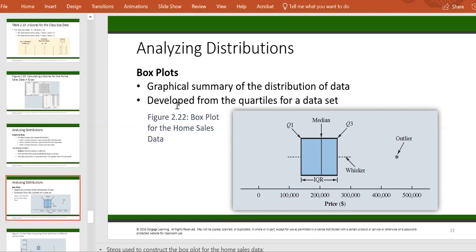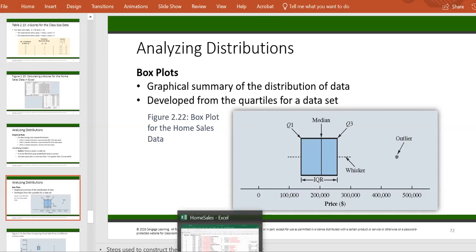Box plots are great tools when you want to compare the distributions of different populations. If I want to compare the GPA of students in this class and in another class, this is the tool that I should use, the box plot. It tells me where the center of the distribution is, where the range is, the bottom 25%, what the range is in this class, in the other class, and so on.